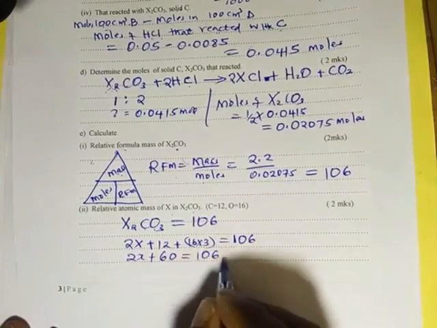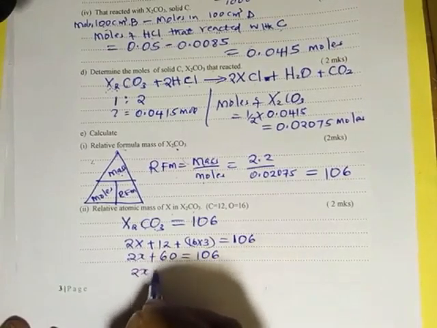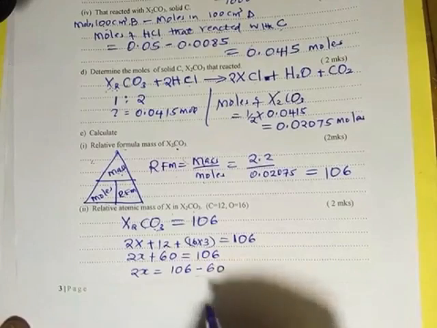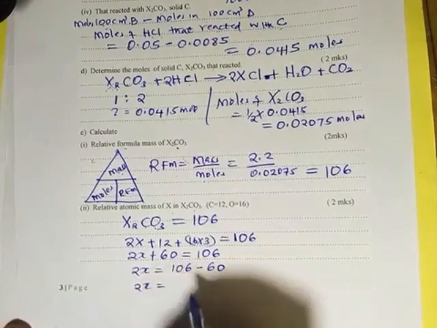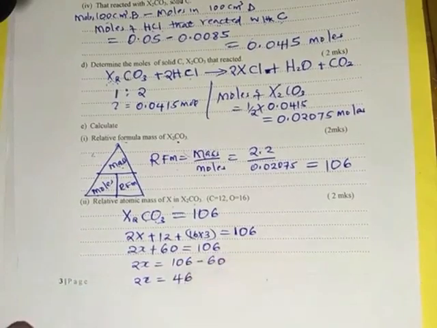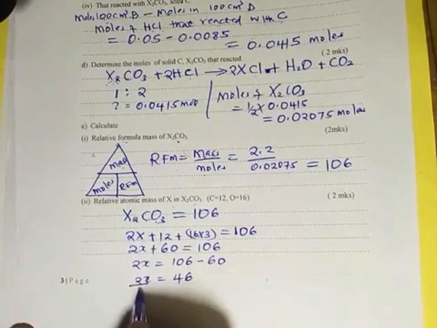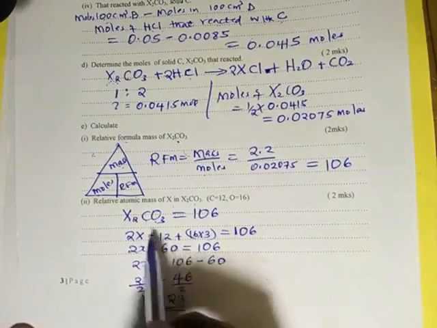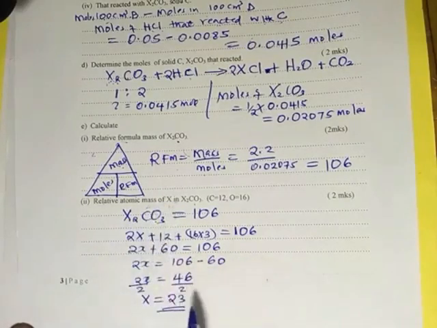Like terms together, take this one there. 2X is equal to 106 minus 60. So 2X is going to give us 46. So we want the value of X, divided by 2, divided by 2. So X is equal to 23. So the relative atomic mass of X is 23.